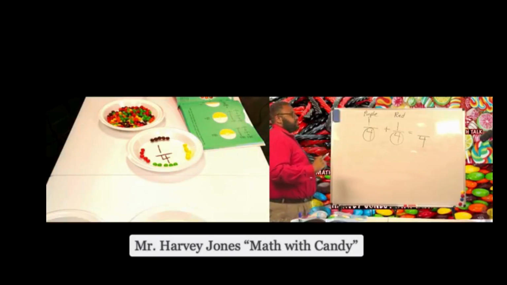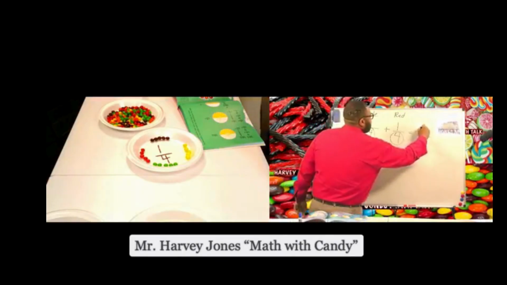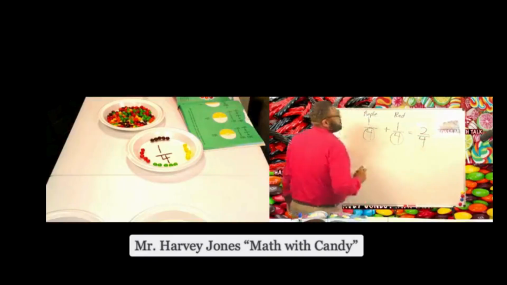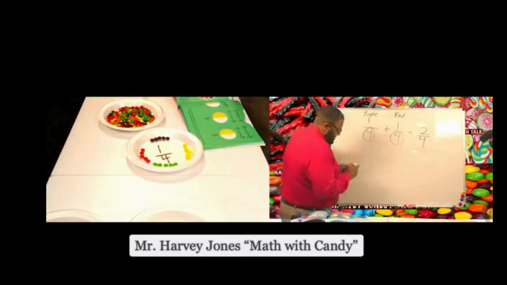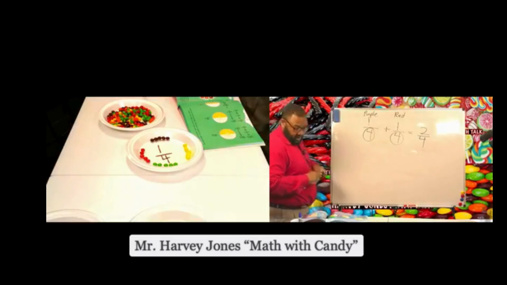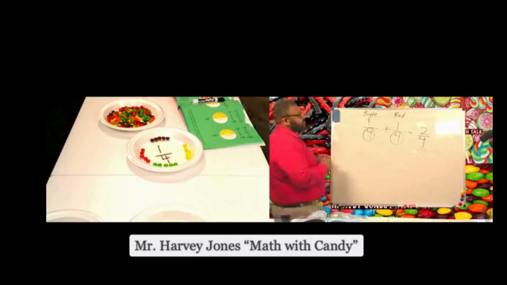And now our numerators are 1 plus 1. 1 plus 1 gives us 2. 2/4. And we're going to go back to see half again. Why? Because I can simplify or I can reduce.